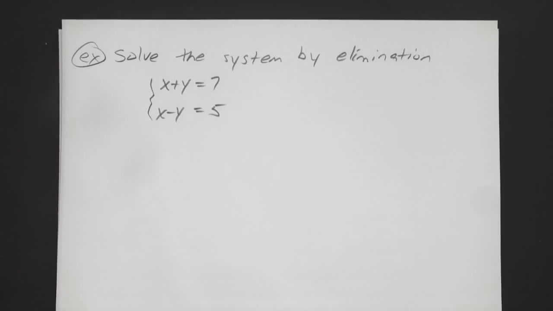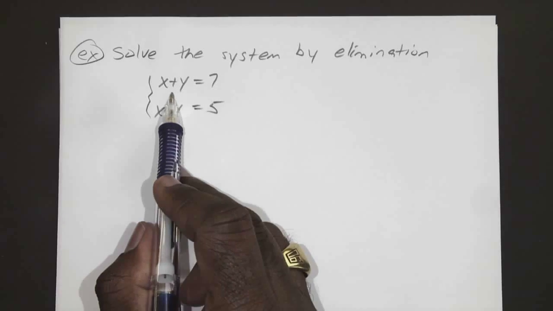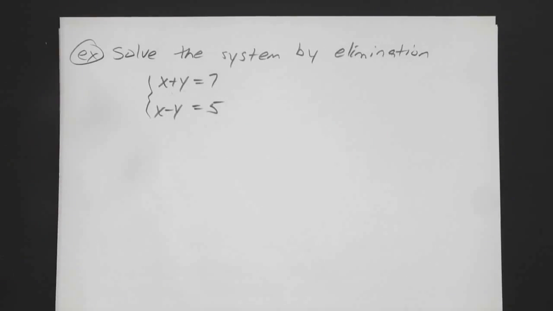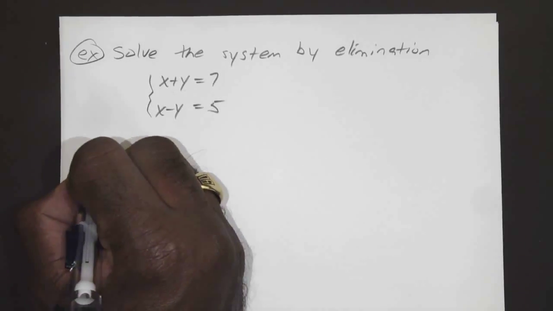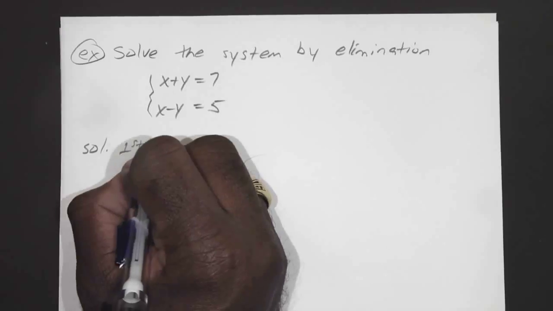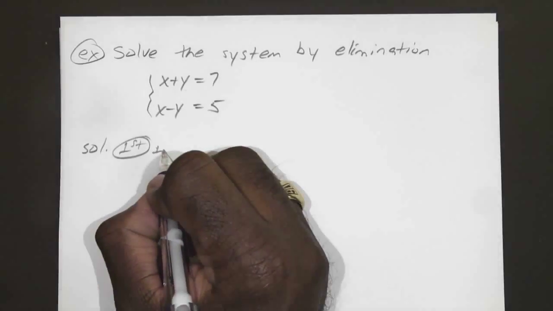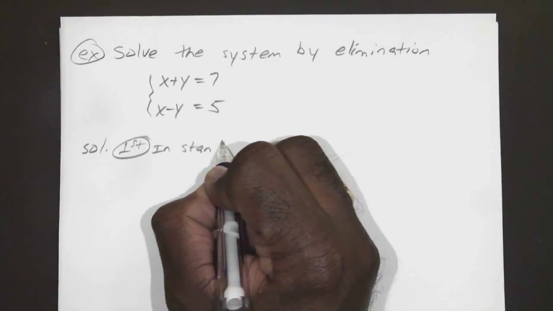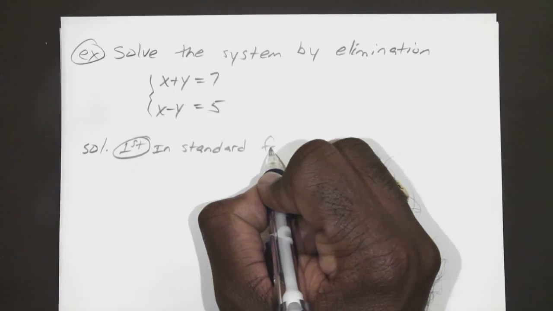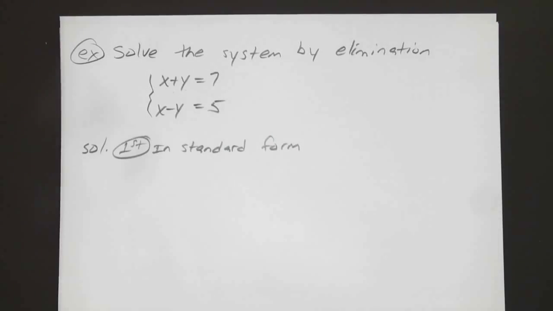So step 1 would be to make it to where it's in standard form. All your variables on one side, which you have. You have your x and y are both on the left. So your first step, you're already set. It's in standard form.